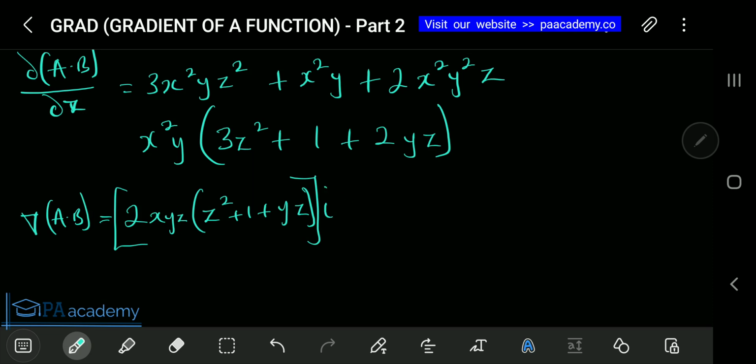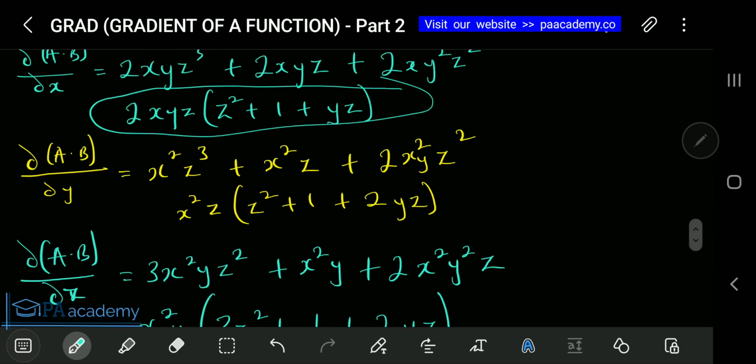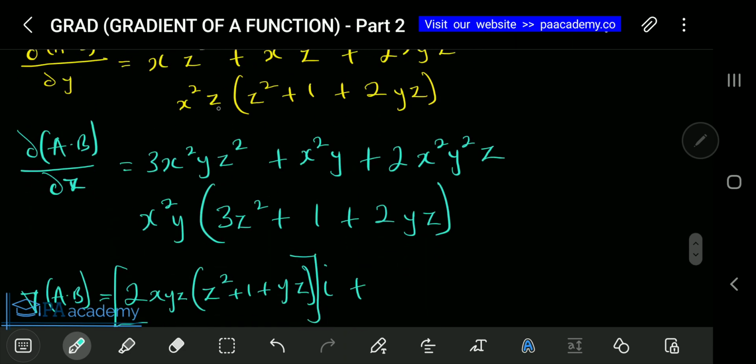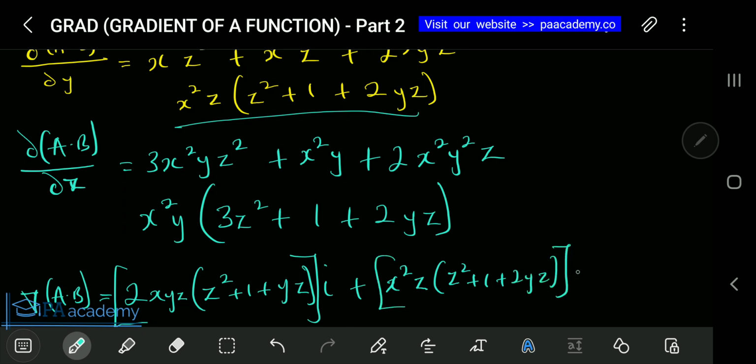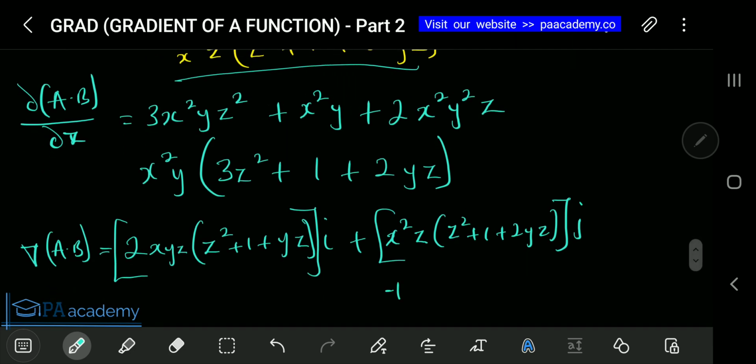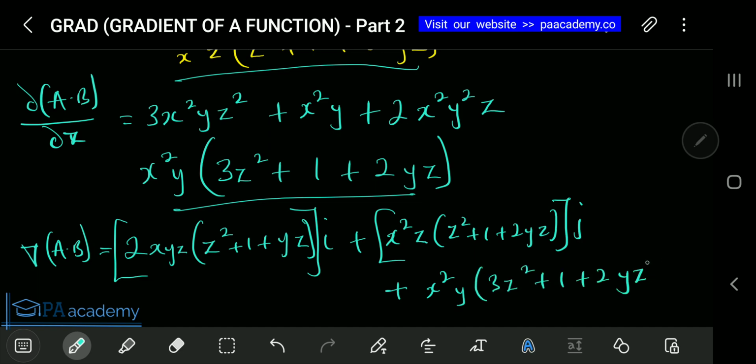Don't forget the coordinate i, plus, okay, so now this, which is x squared z, then bracket z squared plus 1 plus 2yz, j, then plus x squared y, which is this, now 3z squared plus 1 plus 2yz, k.